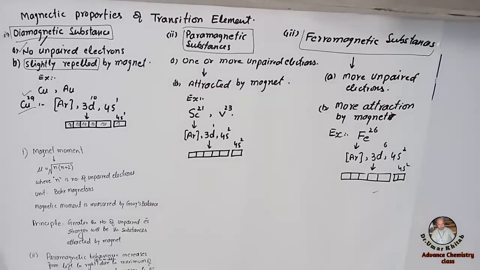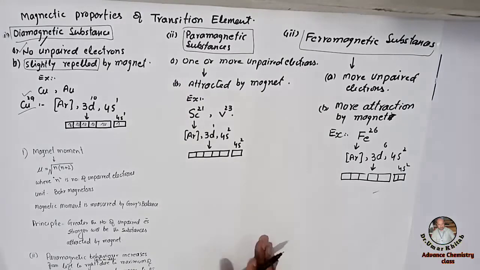The other one is paramagnetic substances. Paramagnetic substances are those substances which are attracted by a magnet and magnetic field. Such substances are called paramagnetic substances. These substances have one or more unpaired electrons, for example vanadium, titanium, scandium.